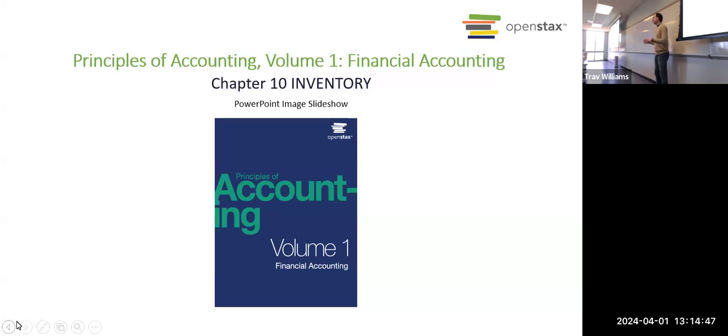But we also have 4 options within each of those 2 methods. So that gives you a total of 8 different ways to do inventory. And just take good notes, follow the steps, and let me know if you have questions.